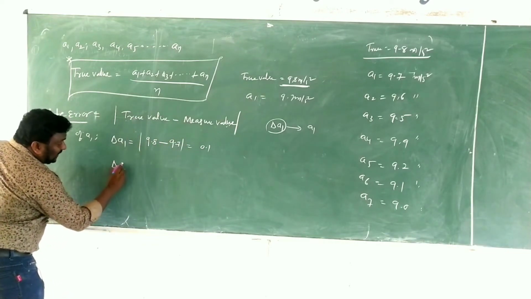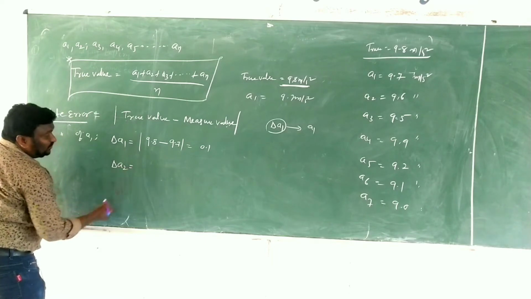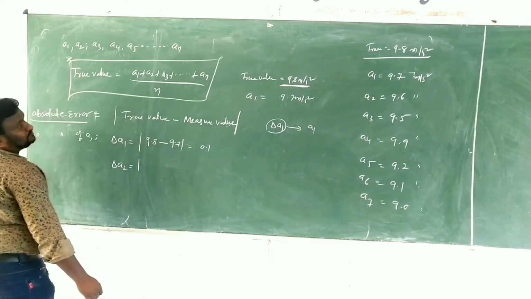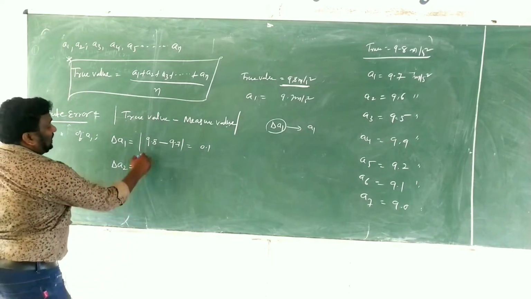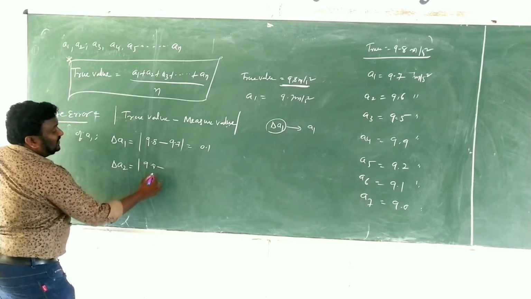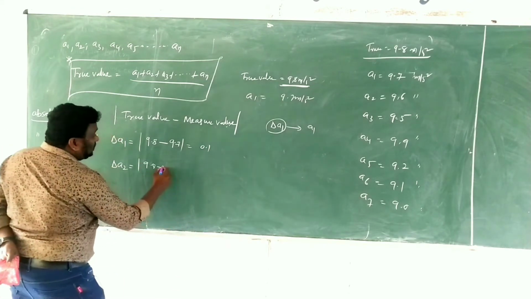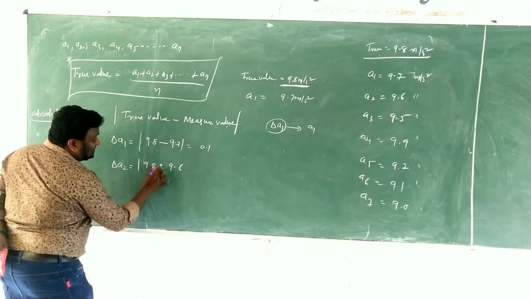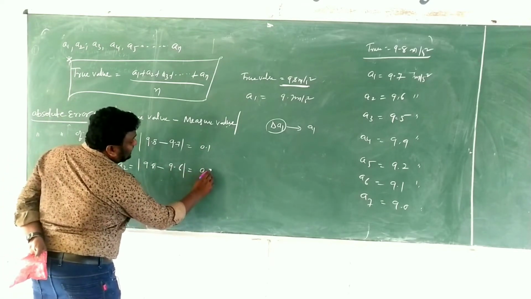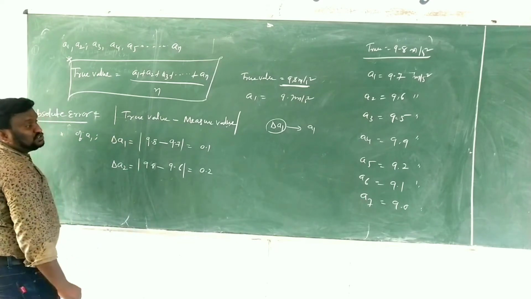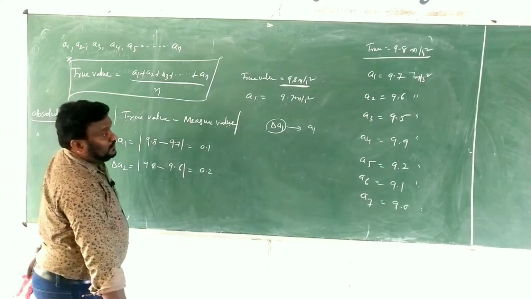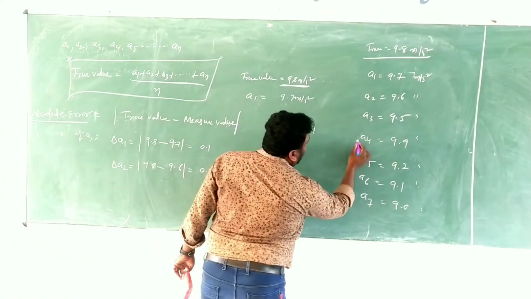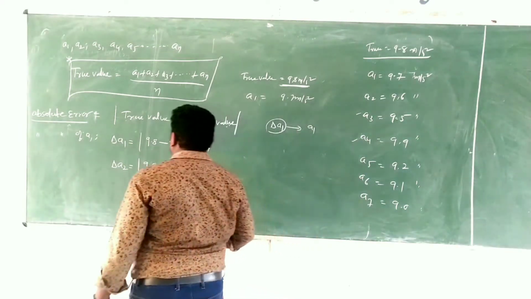Similarly, absolute error of A2, delta A2, is equal to what we write? True value 9.8 minus A2 value, which is 9.6. Then what you get? 0.2.